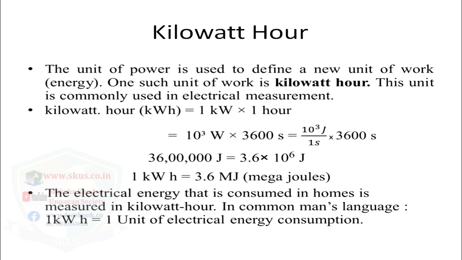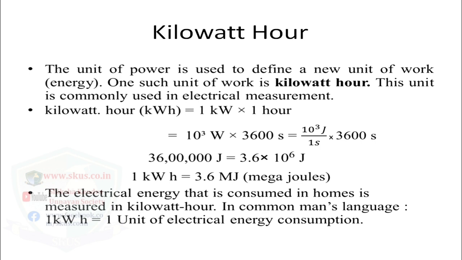Now, let's know about the unit kilowatt hour. The unit of power is used to define a new unit of work, that is energy. One such unit of work is the kilowatt hour. This unit is commonly used in electrical measurement. 1 kilowatt hour can be written as 1 kilowatt into 1 hour. 1 kilowatt is equal to 10 to the power 3 watt and 1 hour is equal to 3600 seconds.